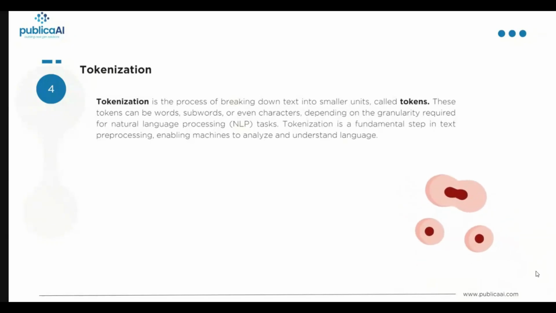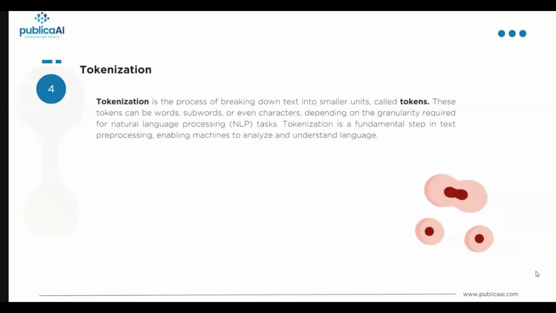When I say fine, I don't mean fine in terms of size, like when we talk about fine sand and gravel. So tokenization is a fundamental step in text preprocessing, enabling machines to analyze and understand language.